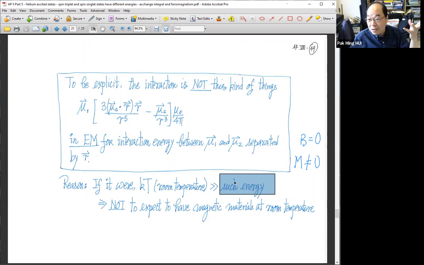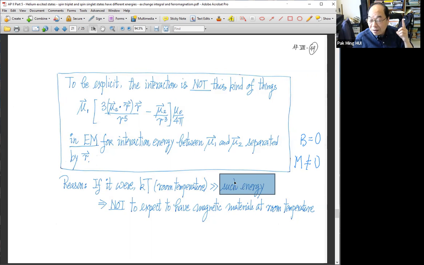When kT wins, kT tends to randomize. That is to say, when this magnetic moment tells the neighbor, align with me, there's some temperature, thermal thing, that wants to flip it, make it disordered. It's the thermal energy that wins. Therefore, we don't expect to have ferromagnetic material at room temperature.